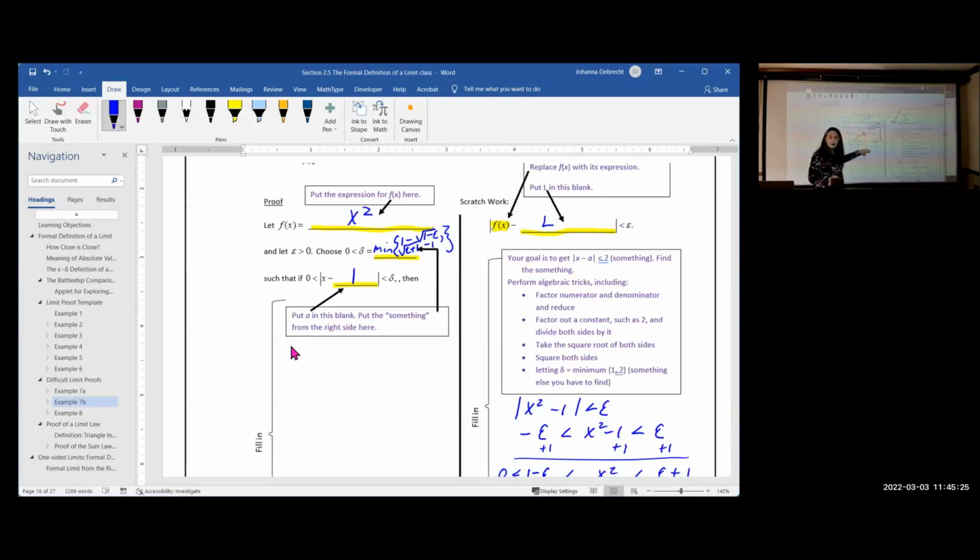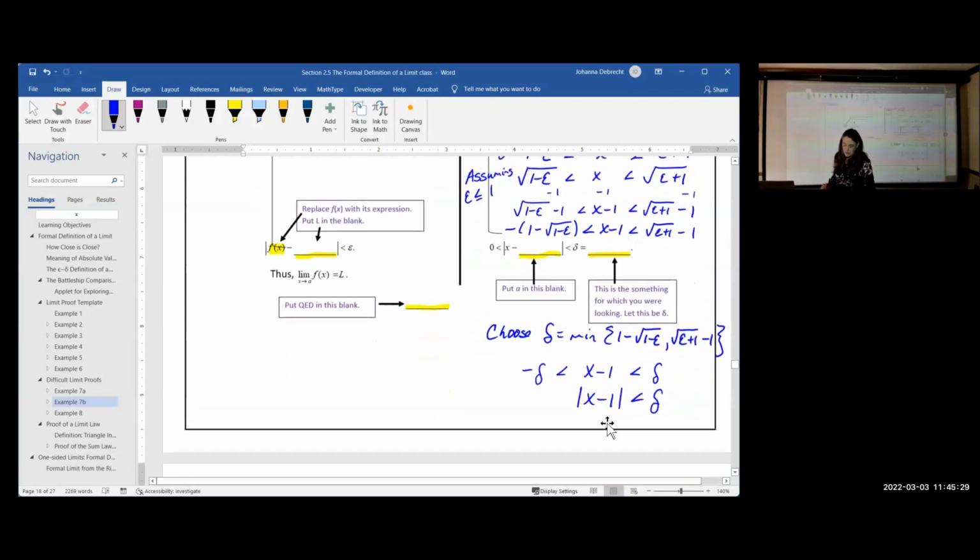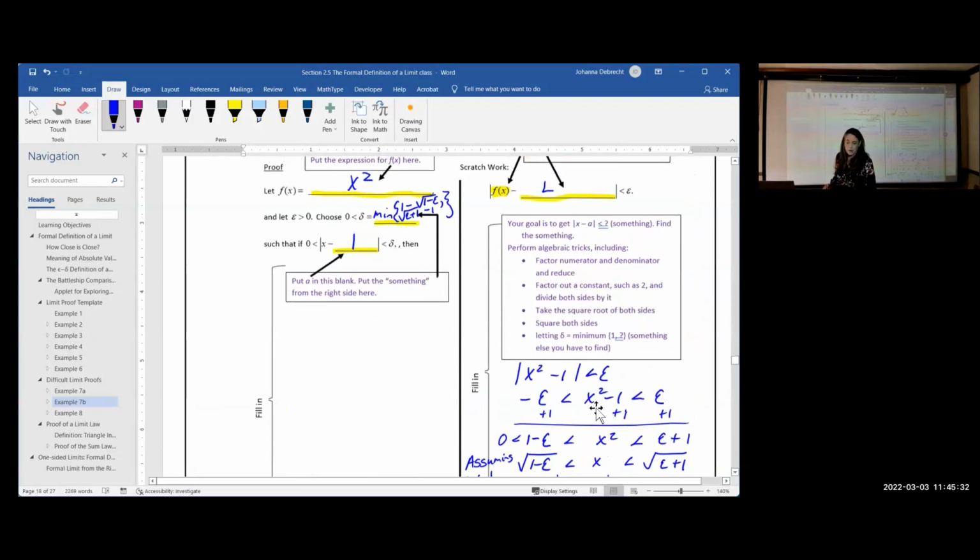Now I've got to start at the bottom of my scratchwork side and repeat all this work going backwards, which is a little bit of a trick. So we start with the absolute value of x minus 1 less than delta. Then we take off the absolute values by putting it between negative delta and delta.